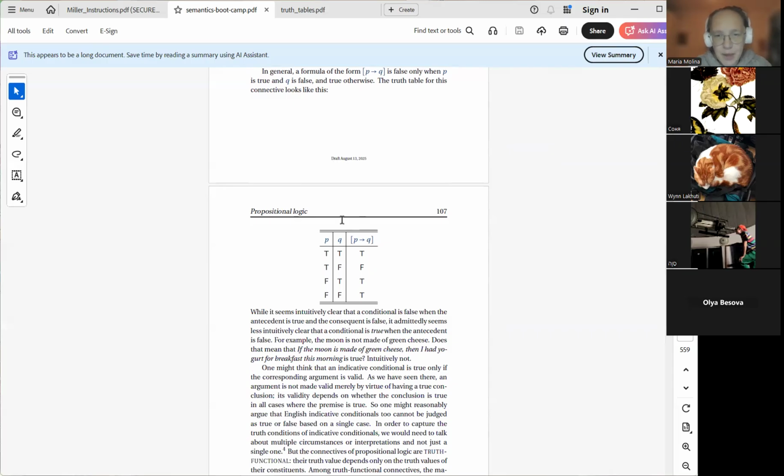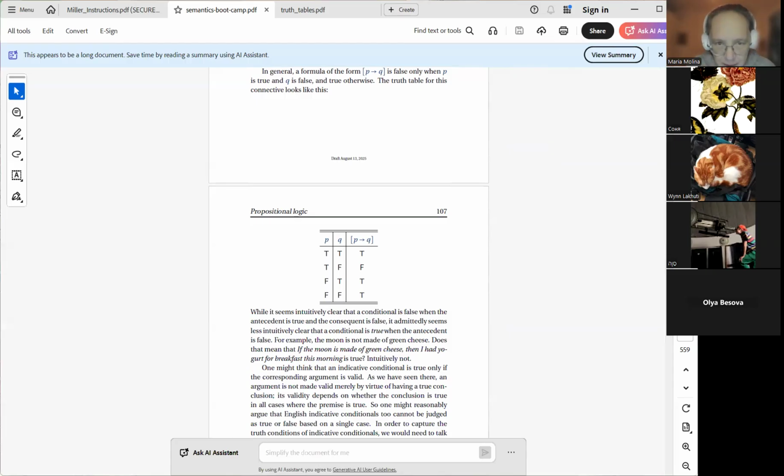Here's your truth table. Yeah, so if P is true, Q is false, it's false. If P is false, Q is true, then it's true.